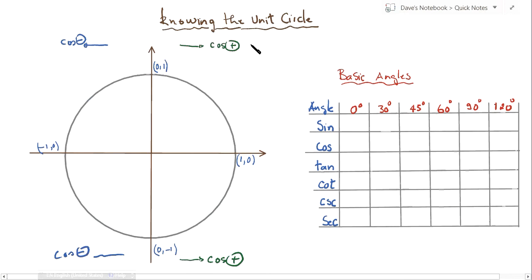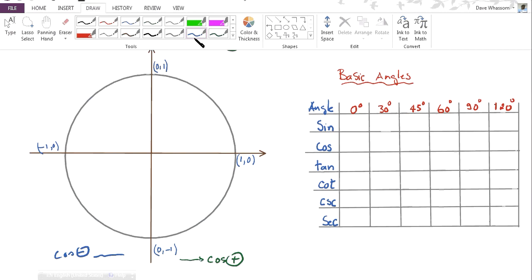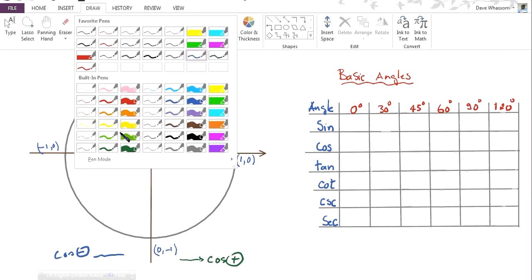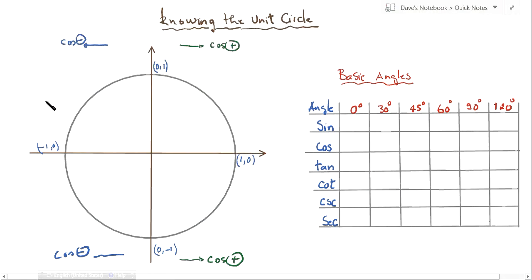Now the sine positive are these values right here. If we take another color, the sine positive are all the values that are read here, it means here and there. Those are the sine positive.